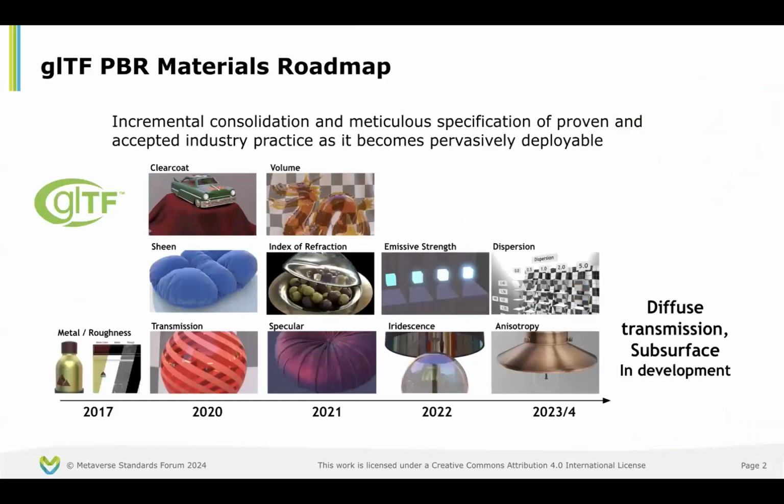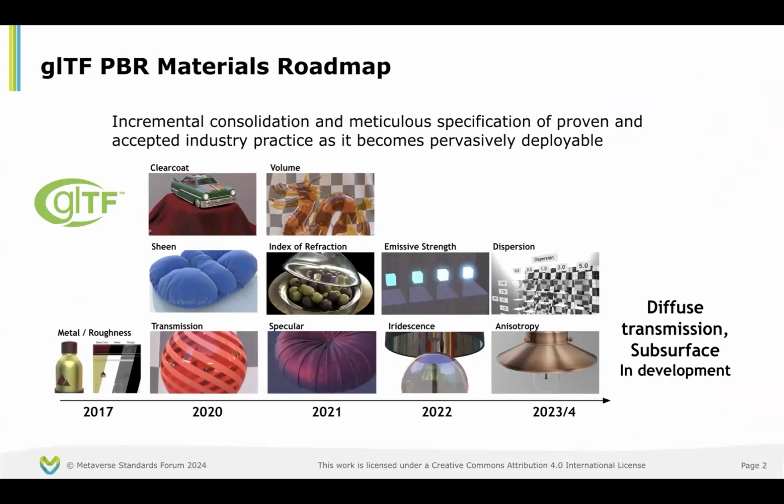And yes, let's go. So basically, glTF is well known for PBR materials. It's the first standard that tried to express PBR as a set of properties, not trying to enforce any particular implementation.